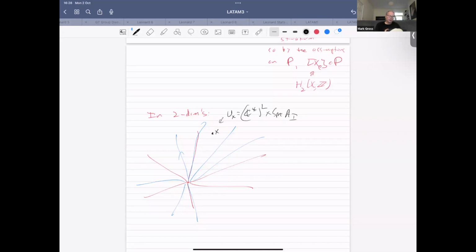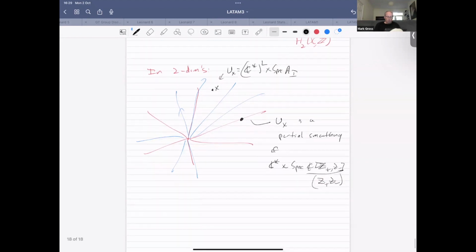But at a point on a codimension 1 wall, U_x is a partial smoothing of something that looks like C star cross, let's say, Spec C bracket X, Y, or maybe I should use the same notation, Z plus, Z minus, mod Z plus Z minus.